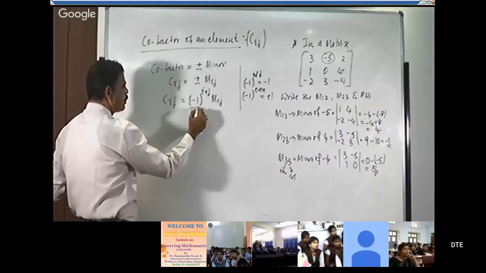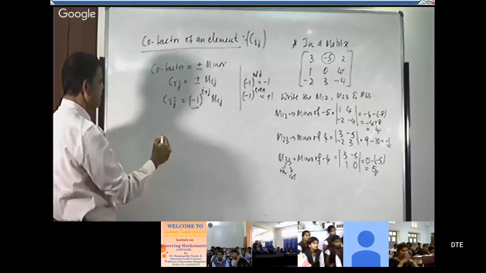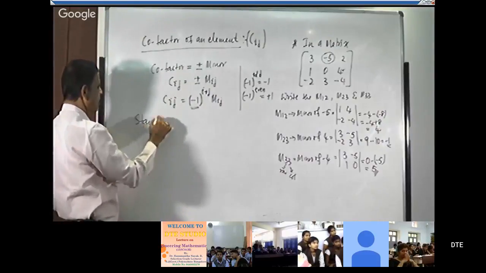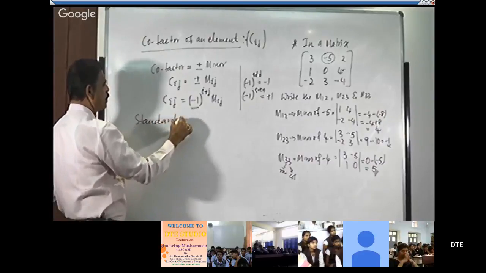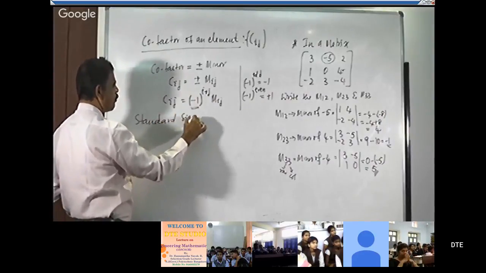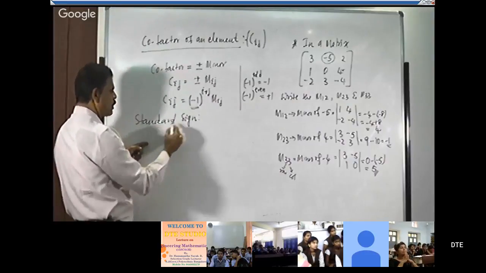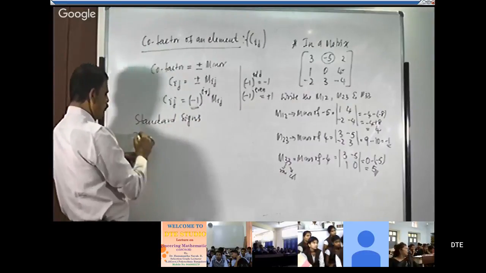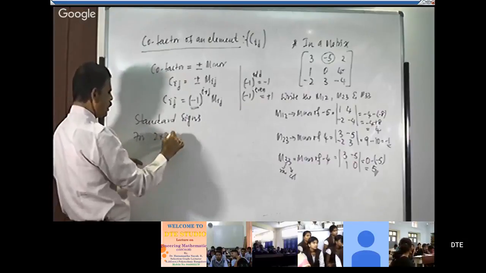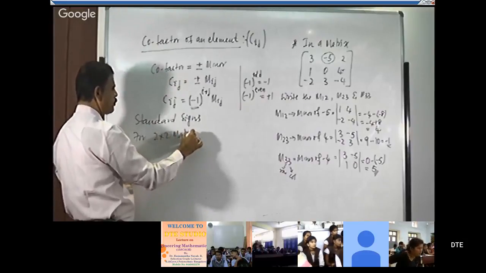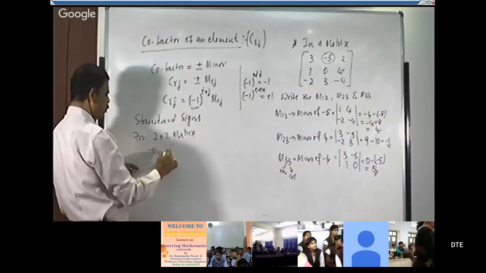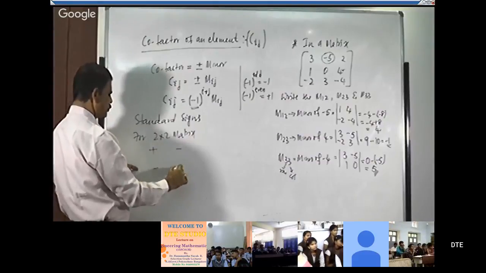So based on this, I can write standard symbols. For a 2 cross 2 matrix, it is always plus, minus, minus, plus.